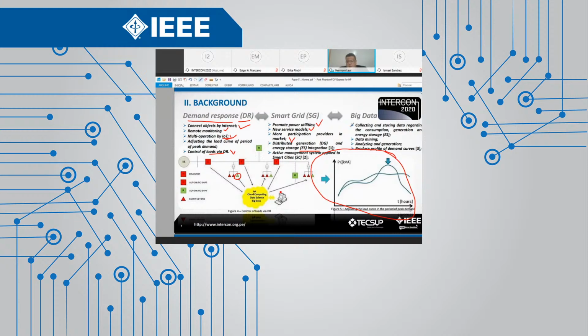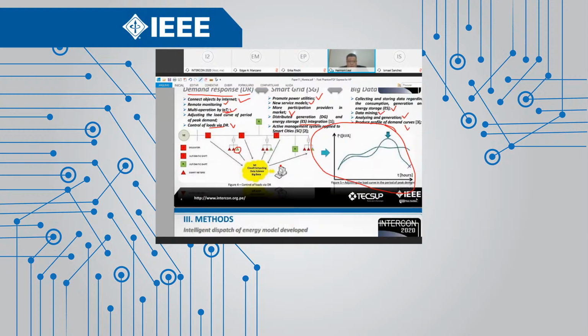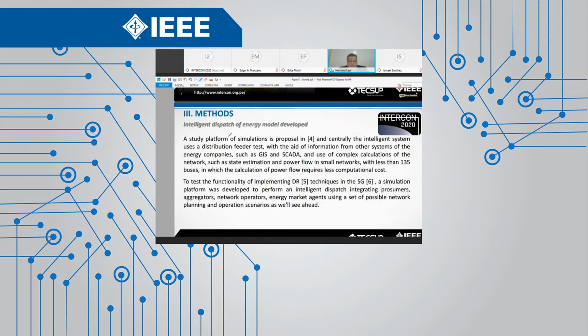Big data technologies can collect and store data regarding consumption, generation, and energy storage. With this data mining, we can analyze and produce profile demand curves, right? Our method is based on an intelligent dispatch of energy model we developed, right? The simulation platform is proposed in another work, reference 4.